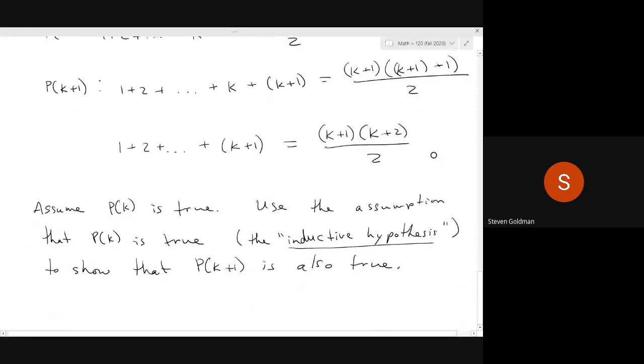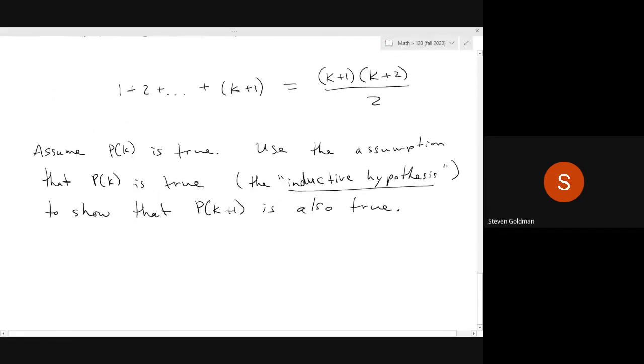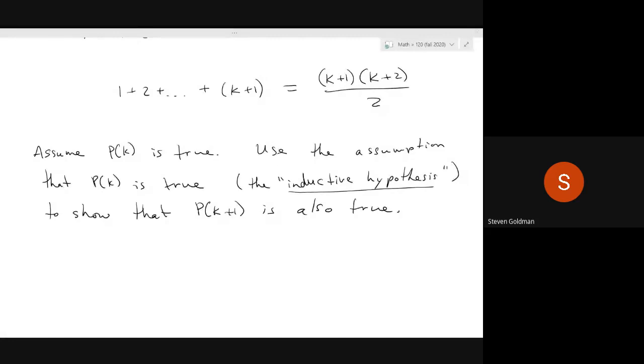So we want to show that when P of k is true, P of k plus 1 has to also be true. We're calling this assumption that P of k is true the inductive hypothesis.